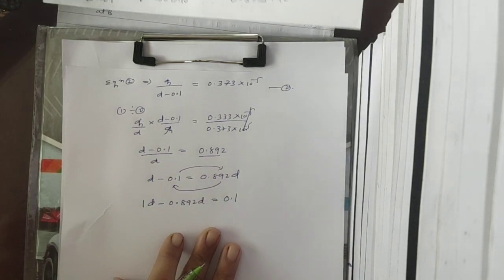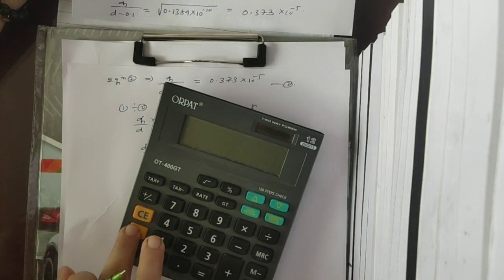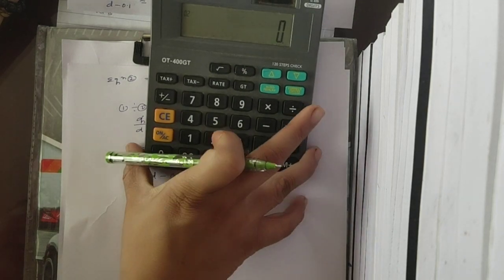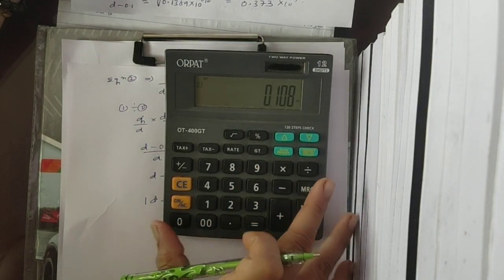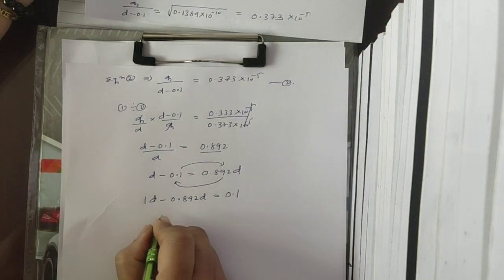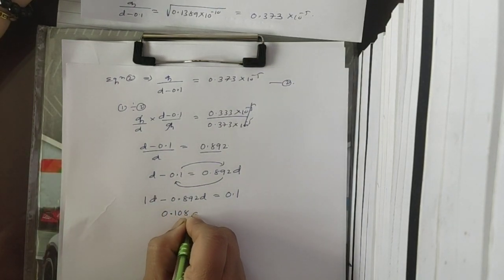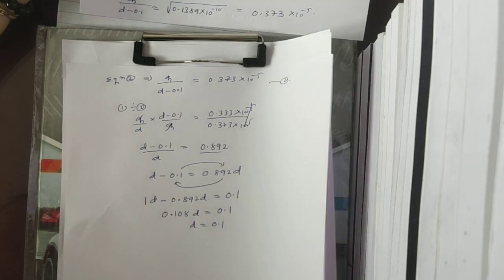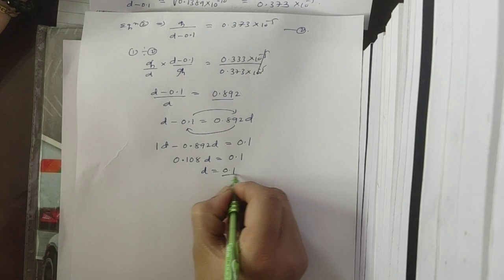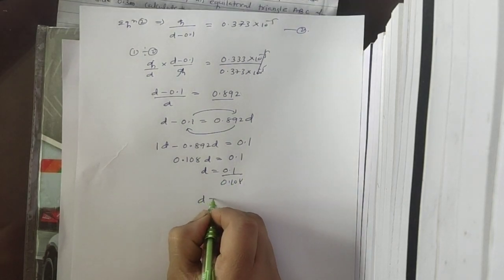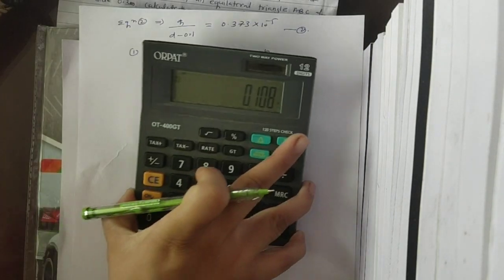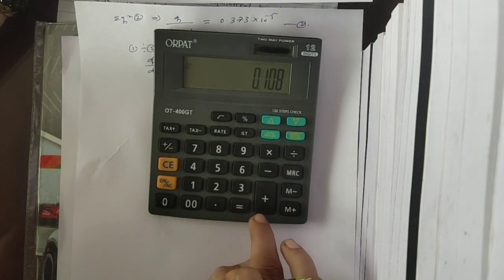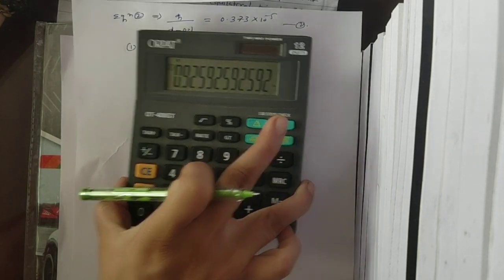This is nothing but 1 minus 0.892 equals 0.108. So 0.108 D equals 0.1, therefore D equals 0.1 divided by 0.108, which is 0.925.